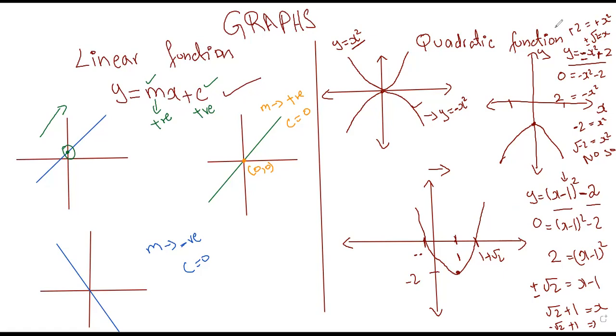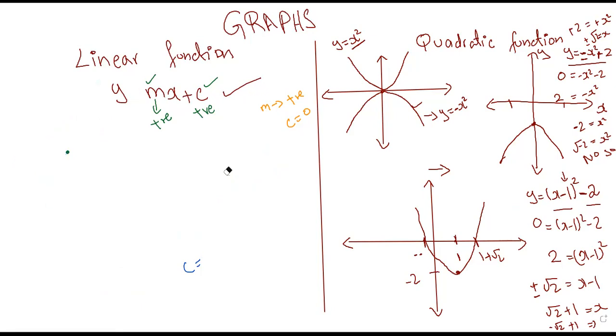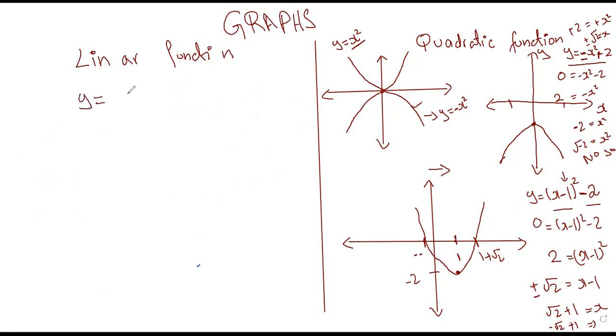Okay, let me do it here. Initially, instead of y equals minus x squared plus 2, I wrote y equals minus x squared minus 2. Now we know that it is going to be this shaped parabola, and I need to go 2 units down.